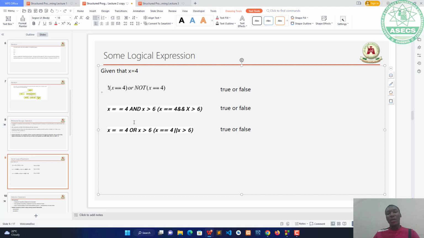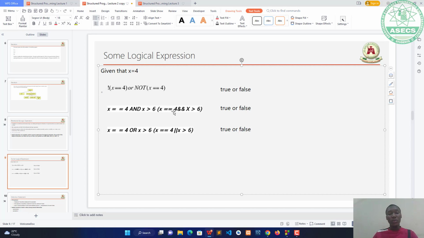Nan ake cewa x equals to 4. Wannan 4 ɗin kenan. 4 equals to 4 and 4 is greater than 6. This is true and 4 is greater than 6, which is false. True and false. True and false should be false.